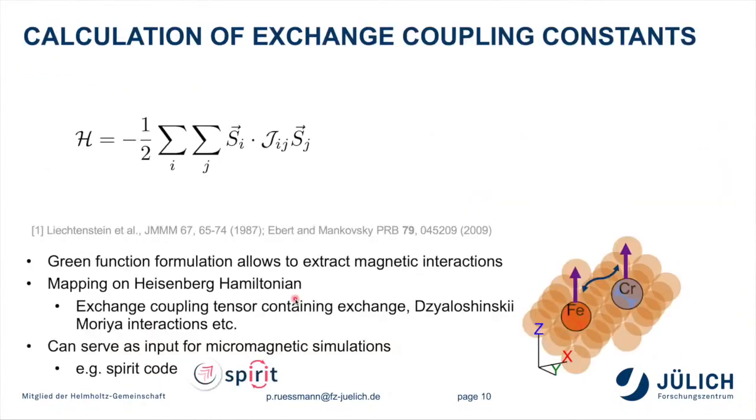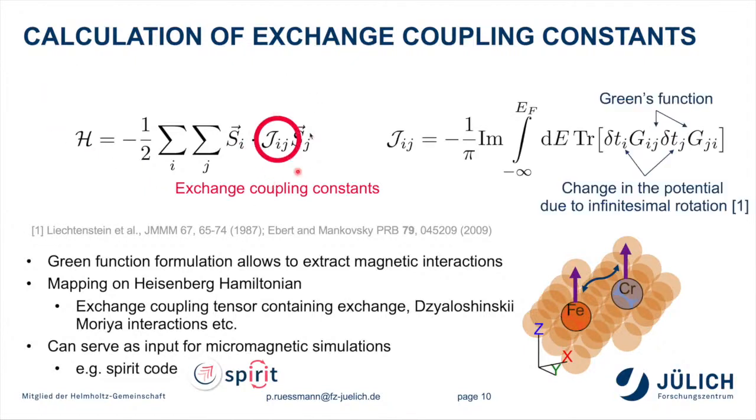Another special property of the Green function method is that we can calculate exchange coupling constants. Suppose we have two magnetic impurities in our system and we want to find out how strongly they interact. Then we can map this onto the Heisenberg Hamiltonian, and having access to Green functions, we can actually compute these exchange coupling constants quite easily.